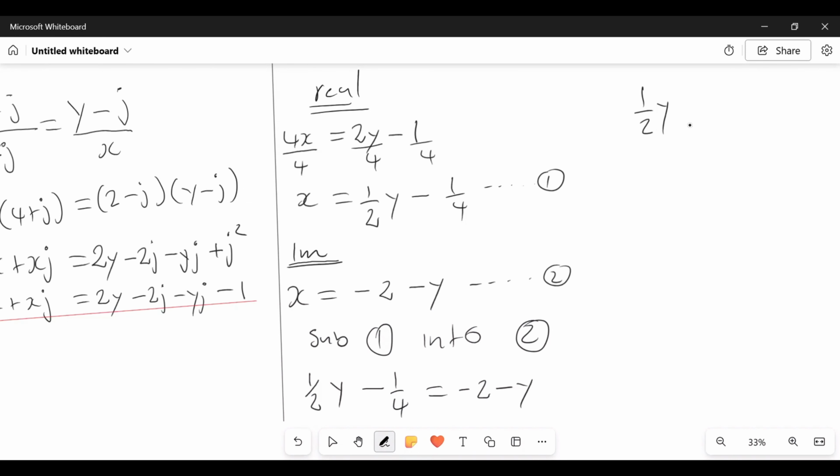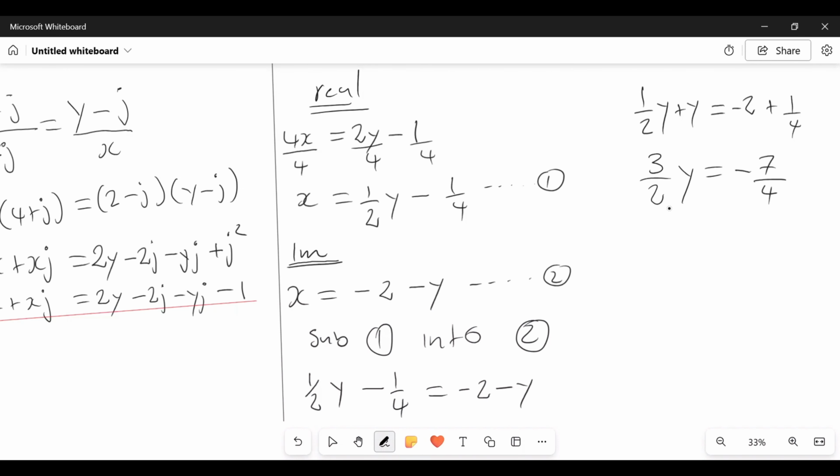If you transpose negative y on the right hand side, it's going to become positive y, you guys see, and equaling negative 2. And if we transpose this negative 1 over 4 from the left hand side to the right hand side, it's going to become 1 over 4. There we go. And then we use our calculators. Half y plus y gives us 3 over 2y. Negative 2 plus 1 over 4 gives us negative 7 over 4.